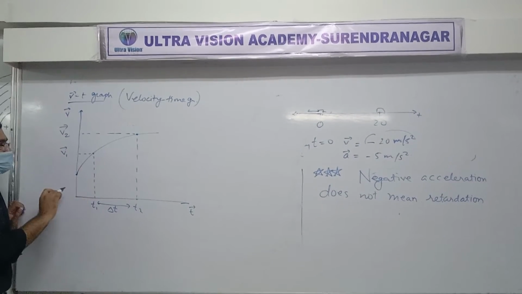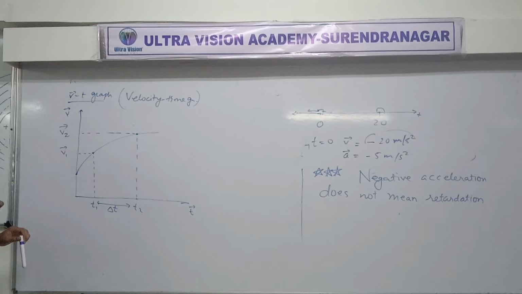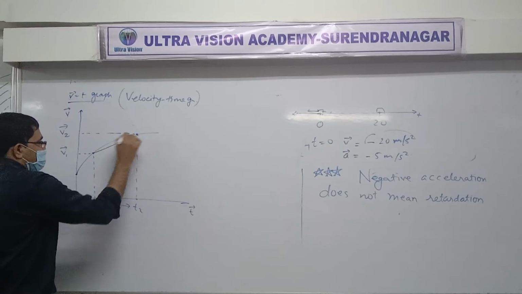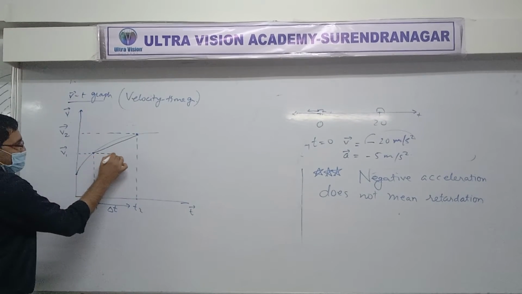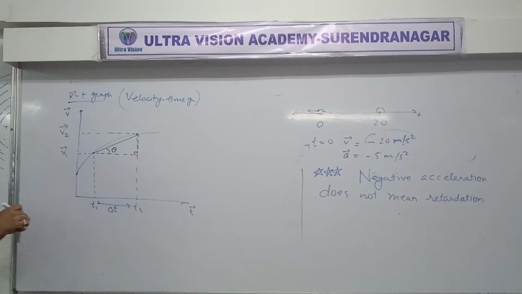Then if we draw a chord from this point to that point, here's the chord, just like we had in the case of the XT graph.